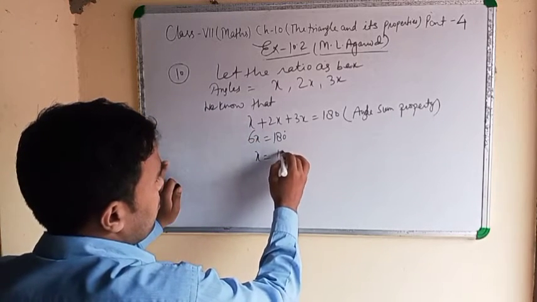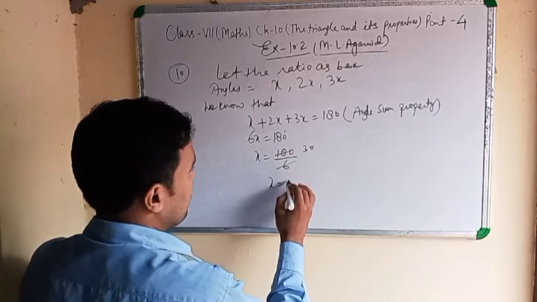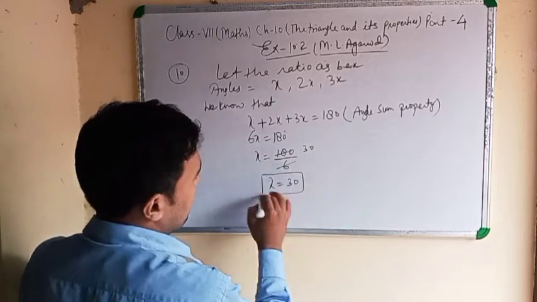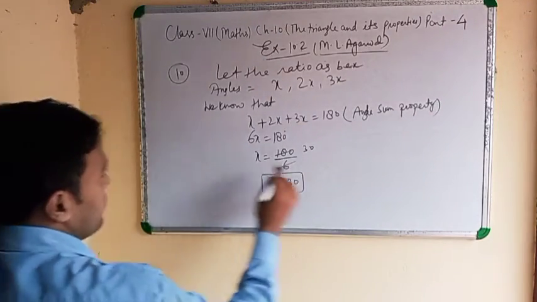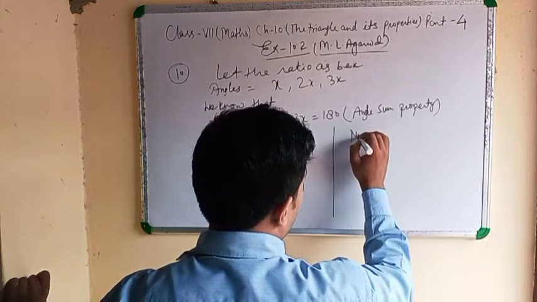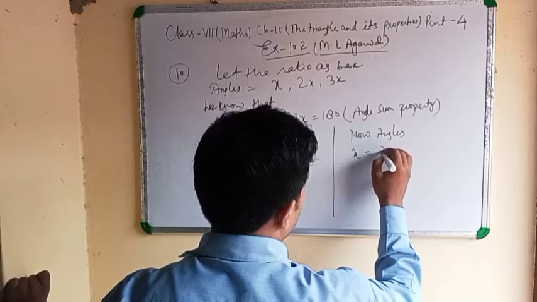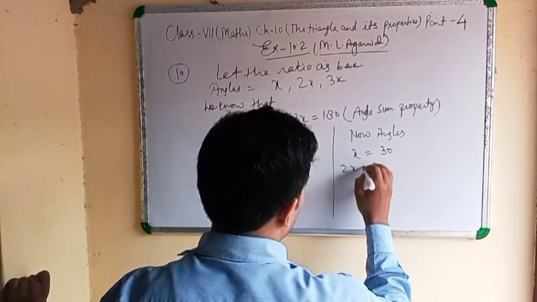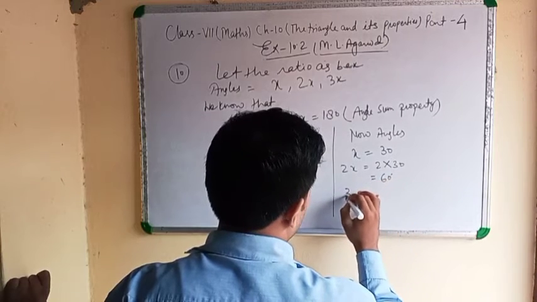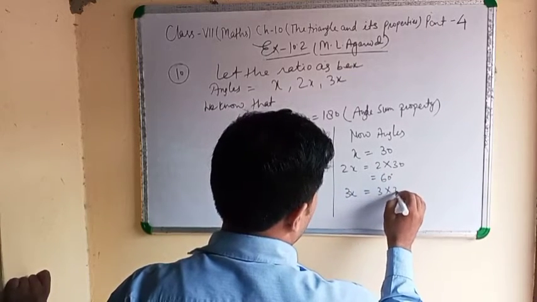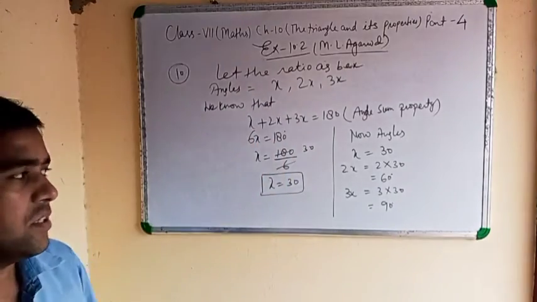Then x equals 180 by 6. 6 thirty is 180. x equals 30. x equals 30 means now angles, x means 30. 2x, 2 into 30, 60 degrees. 3x, 3 into 30 equals 90 degrees.